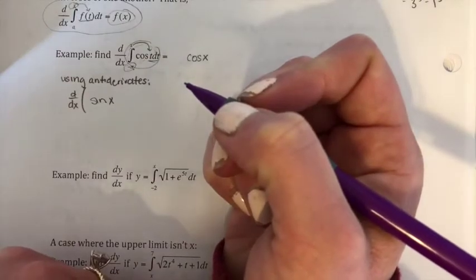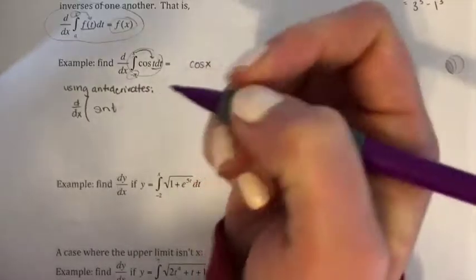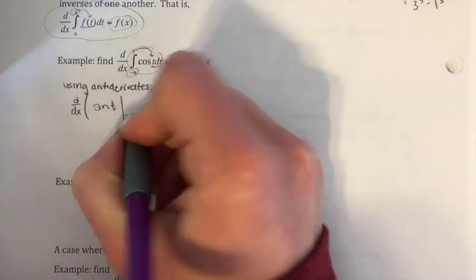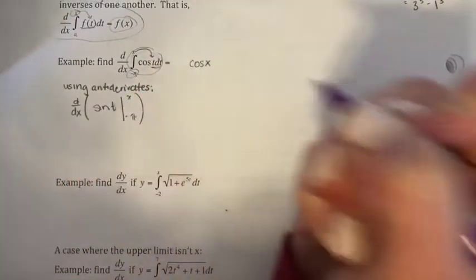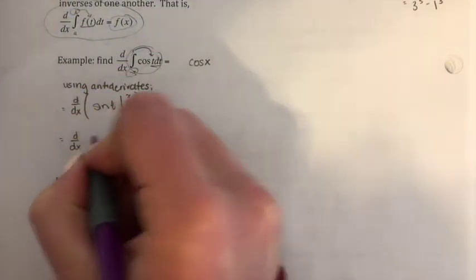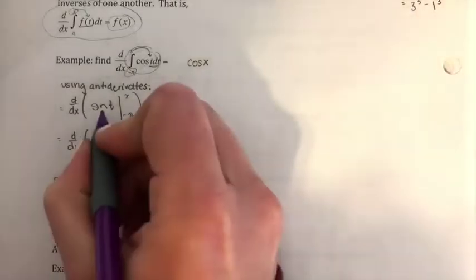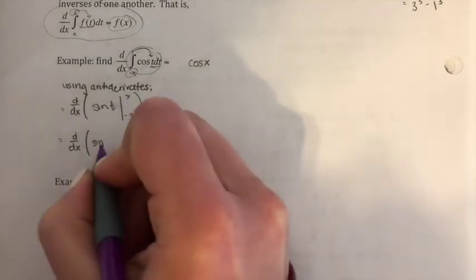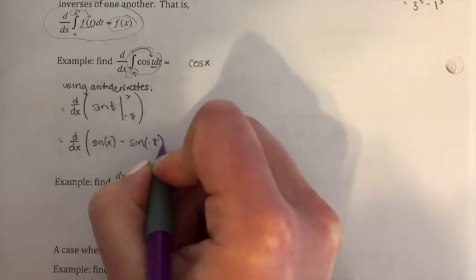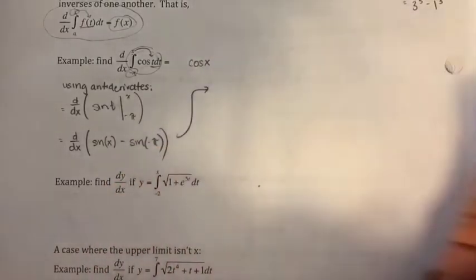Or sorry, this is a t still, so sine t. And we want to evaluate that from negative pi to x. Then we're going to do the derivative, and we're going to leave that part till the end, of sine x, that upper boundary, minus sine of negative pi, that lower boundary.